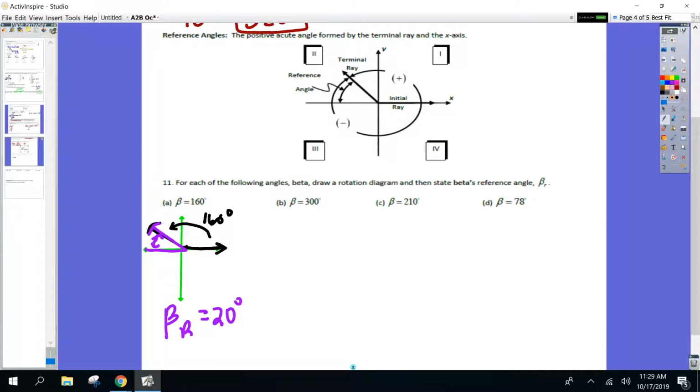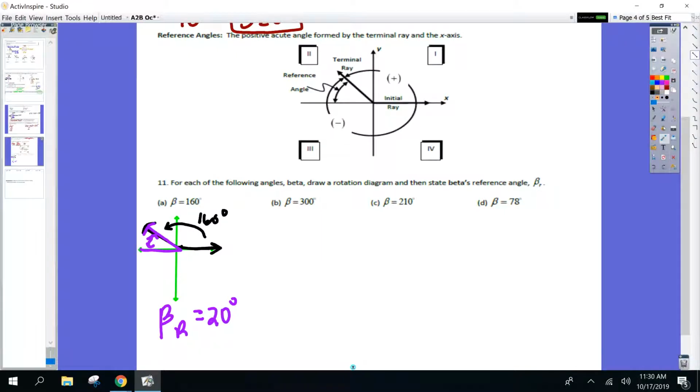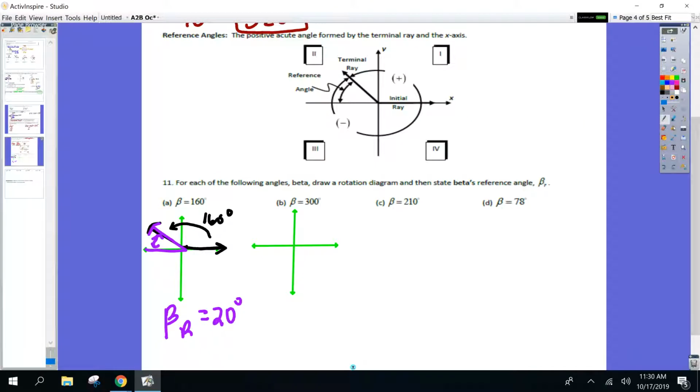Go ahead, graph 300. What quadrant are we putting 300 in? Quadrant 4? Is that closer to 270 or 360?